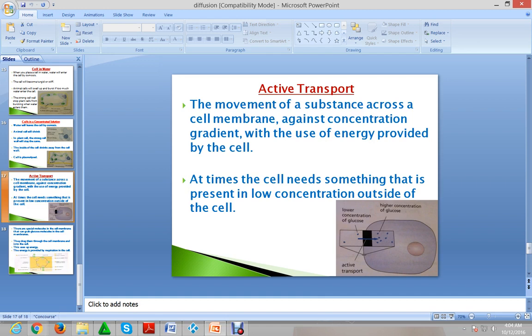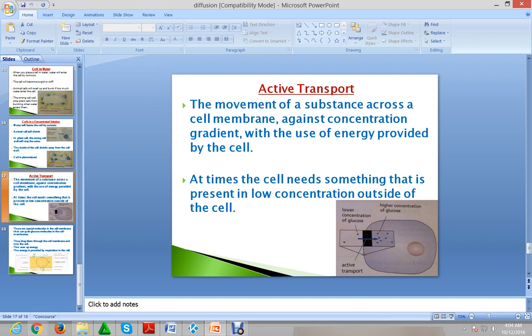If the cell should ask diffusion to allow it to enter the cell, that would not take place, as substances don't move from a place of low concentration to high concentration as it relates to osmosis, neither diffusion. So that is why active transport comes into play, where substances move with the energy that is provided by the cell itself.